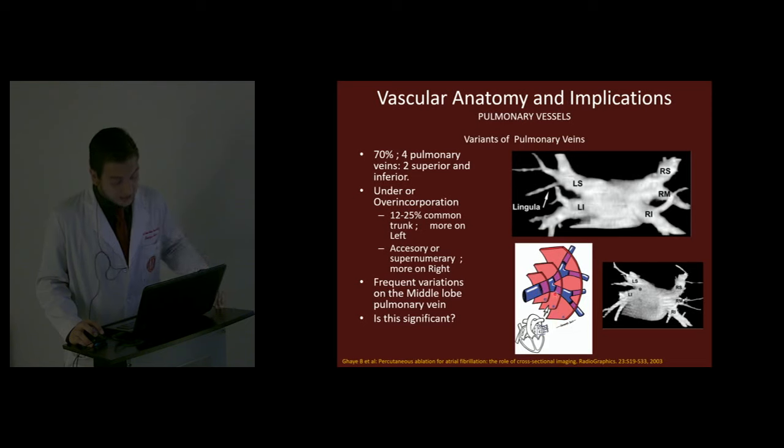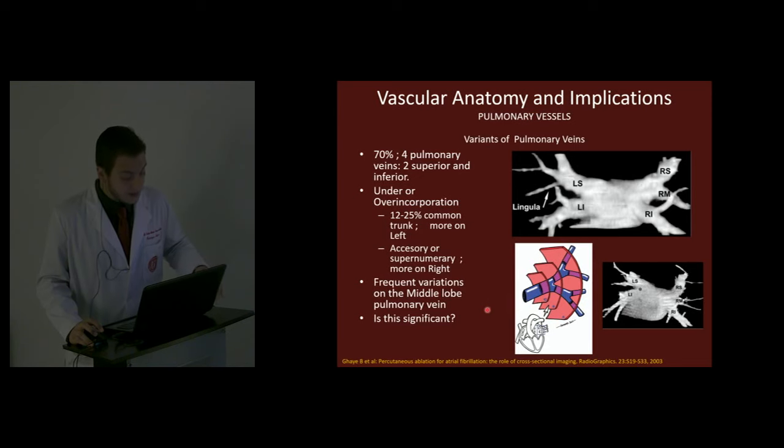This graphic denotes how the most common anatomies occur when B development occurs, giving us two different veins, but it can over-incorporate if it goes to the C anatomy, which is more common on the left side and can give us even four veins, or it can go to the A type of differentiation and give us a common trunk.